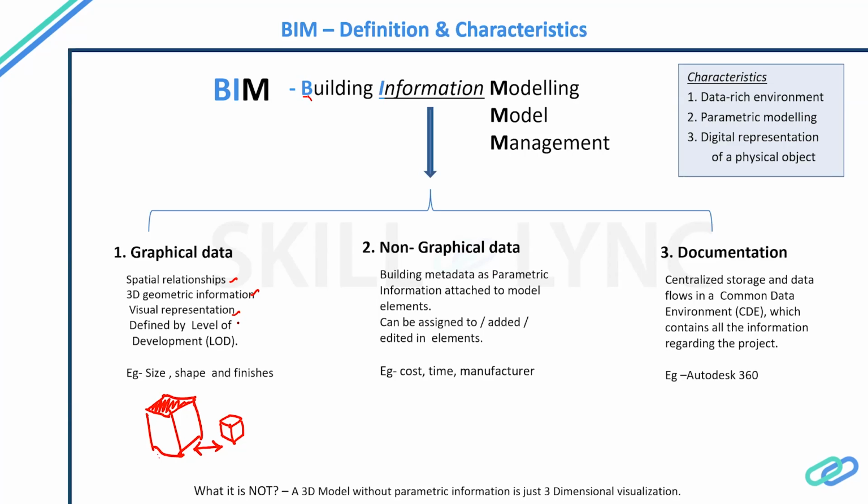And when we go to the second thing, that is non-graphical data, this is what makes BIM revolutionary, meaning this facilitates BIM to be a data-rich environment by adding or editing parametric information, which exactly makes the model a digital representation of a physical object.